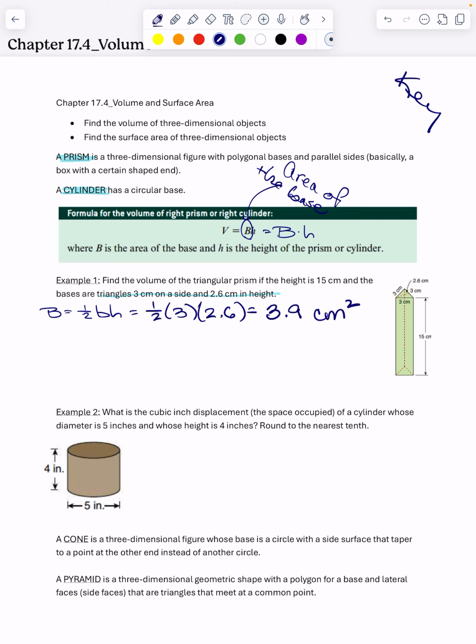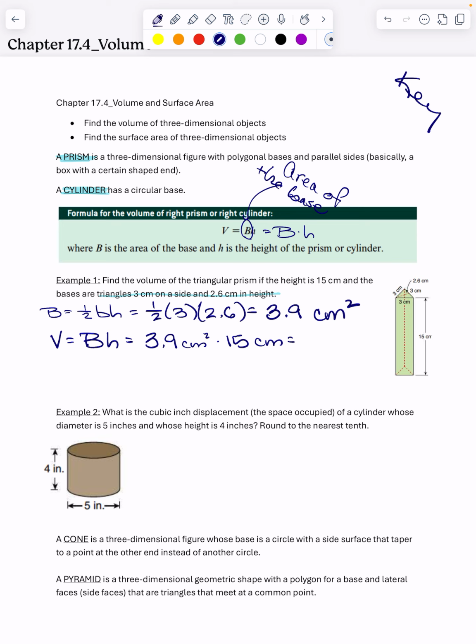And I'm going to add that in here, the label, so that when we find the volume, it makes sense. Volume is the area of the base times the height. Here I have 3.9, again, centimeters squared, times my height is 15 centimeters. I'm doing that because I want it to be clear where that centimeters cubed is coming from.